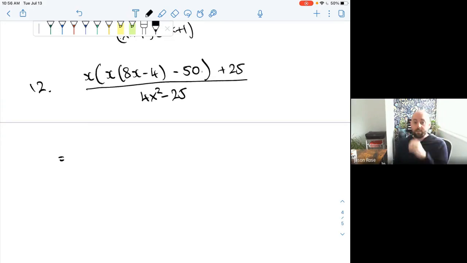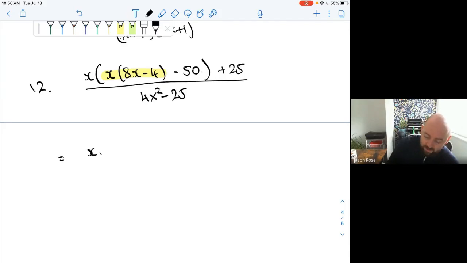Okay, so when you're looking at a problem like this one, where there's layers to it, where you have brackets and brackets inside and stuff happening inside, the best thing to do is start from the inside and work your way out. So the first thing that I want to sort out is that there, just to get rid of some of those brackets.